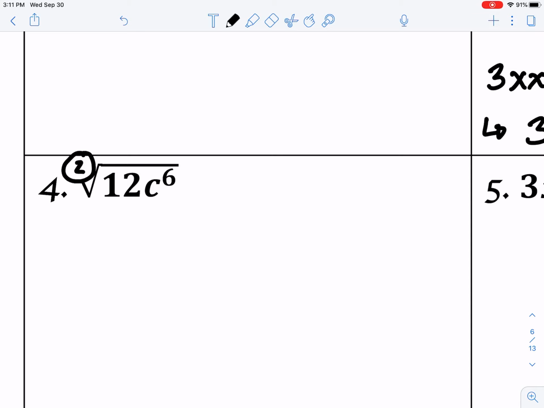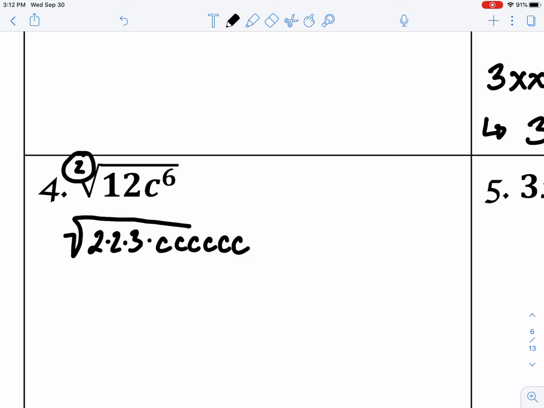Take the prime factorization of my number first. 2 times 2 times 3. 2 times 2 is 4 times 3 is 12. The bigger the number, the harder it'll be to do right off the top of your head. And then we'll have c to the 6th. 6 of them.